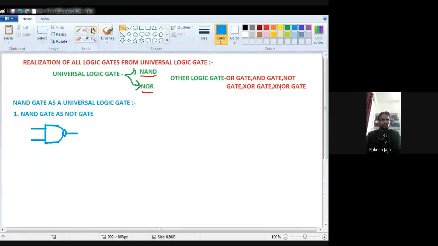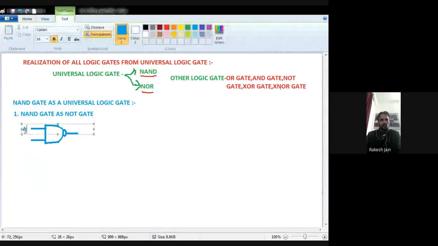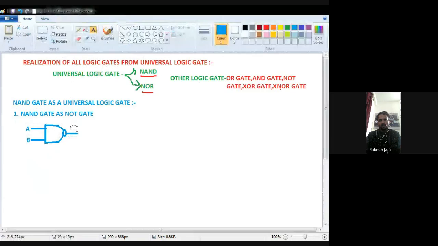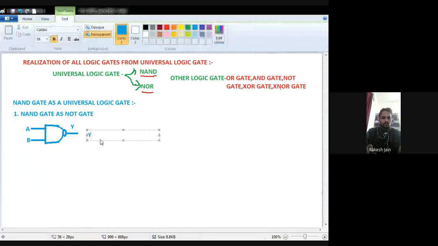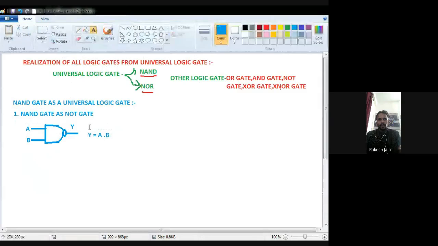This one is a NAND gate in which one input is A, one input is B, and the output is Y. And we know the basic equation: Y is equal to A dot B whole bar.